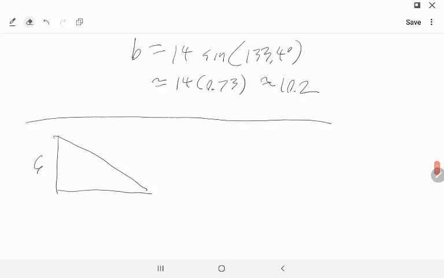If we do 6, 12, 6 radical 3, that turns out to be a triangle that is 30 degrees by 60 degrees by 90 degrees. We might or might not talk about that a little bit more.